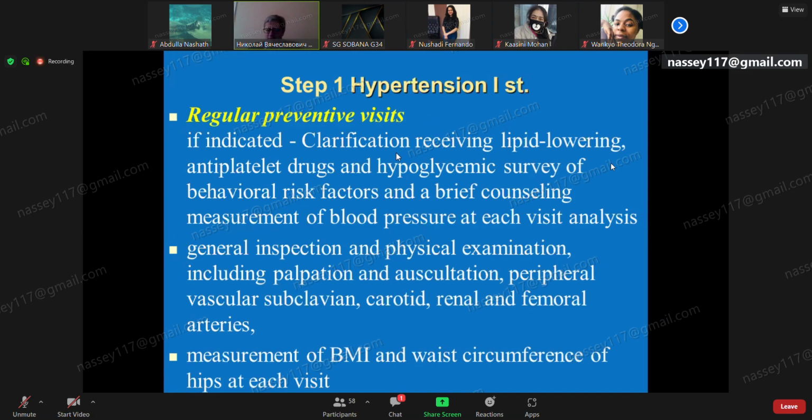If indicated, we should clarify receiving lipid-lowering, antiplatelet and hypoglycemic drugs, and survey behavioral risk factors. And also we should provide brief counseling with measurement of blood pressure at each visit.